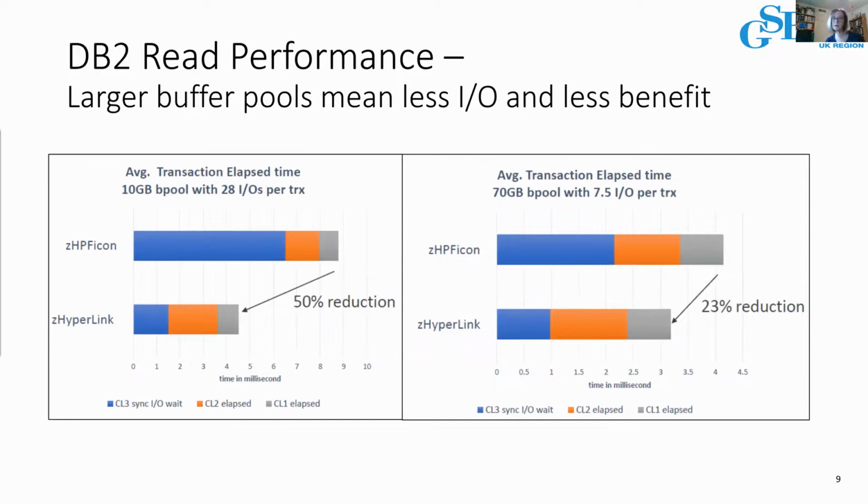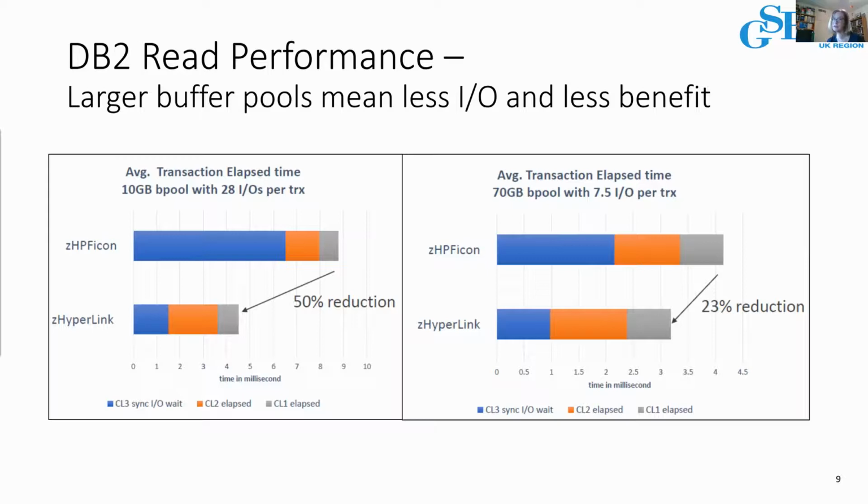However, one of the things that is important to note is, even though you do get great benefit from zHyperlink, even in the case where more is cached higher up in the mainframe environment with the 70 gigabyte pools, you're still looking at a 23% reduction in elapsed time.